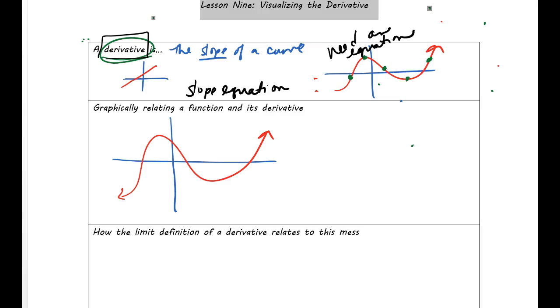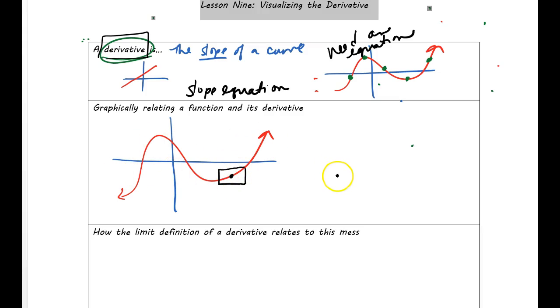Like if I said, hey, I want the slope right here, then you're supposed to be able to zoom in, like I would imagine if we could zoom in on this box right here and make it larger, ignoring all the rest of the curve.